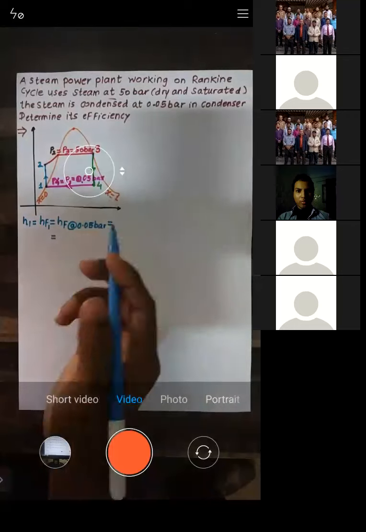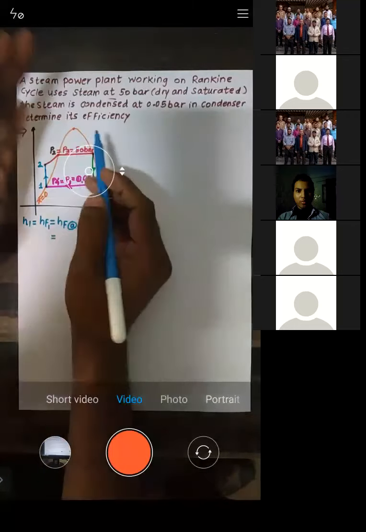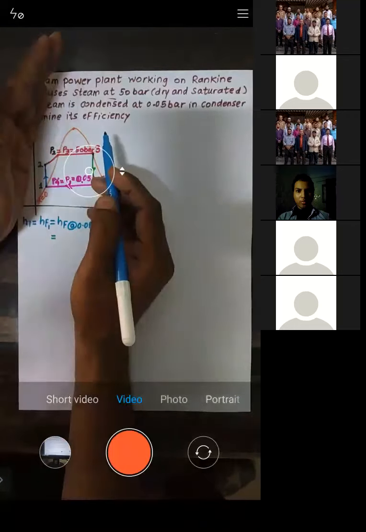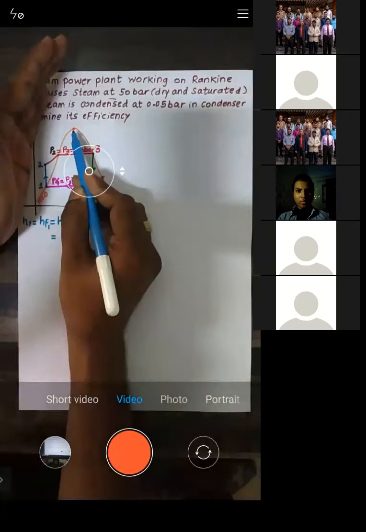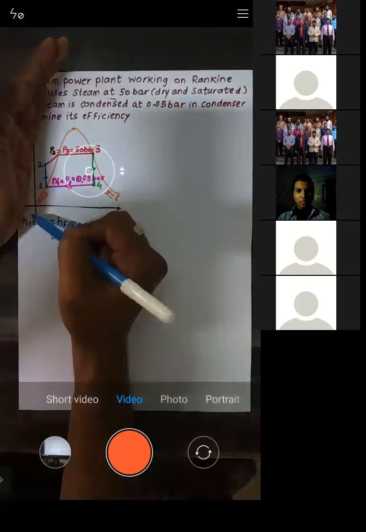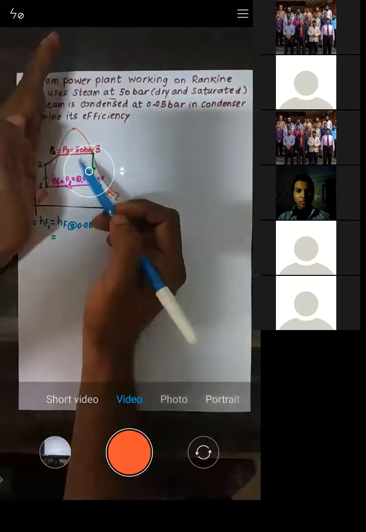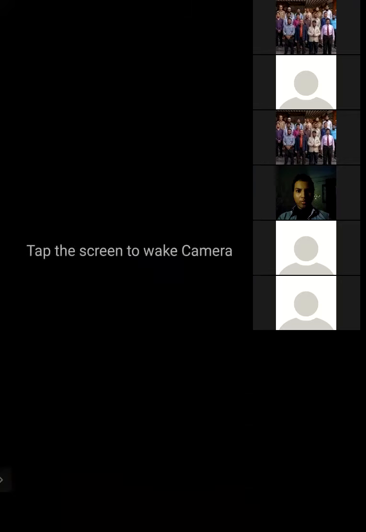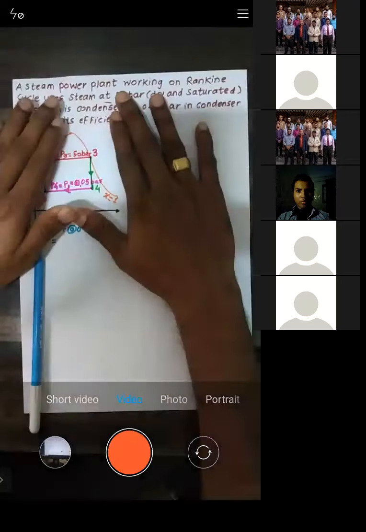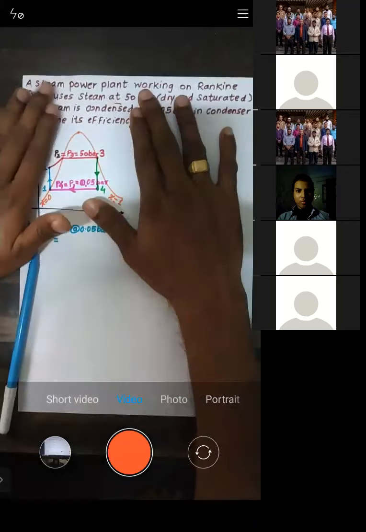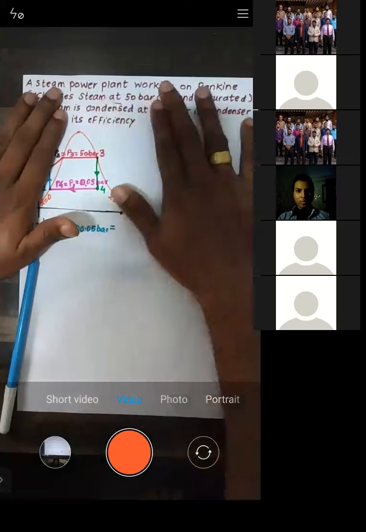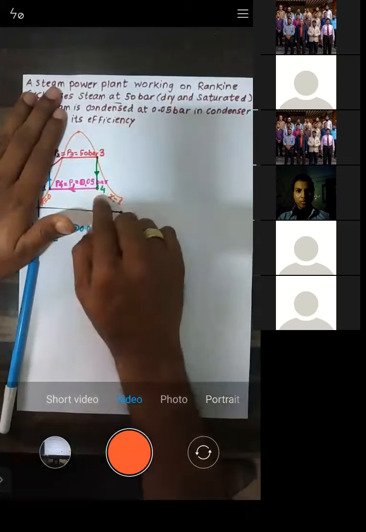On the left hand side of this curve it is liquid. On the right hand side, it's pure vapor.